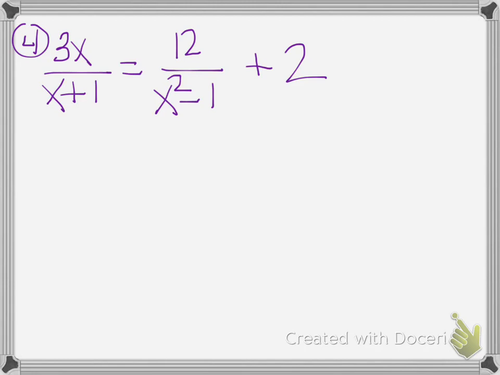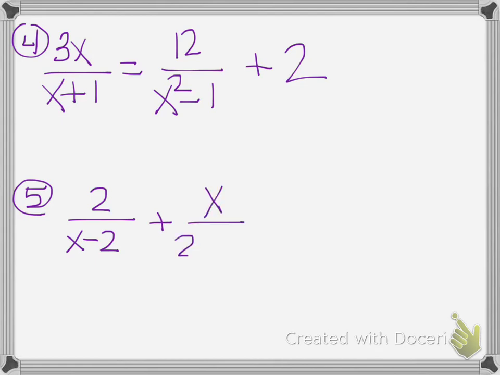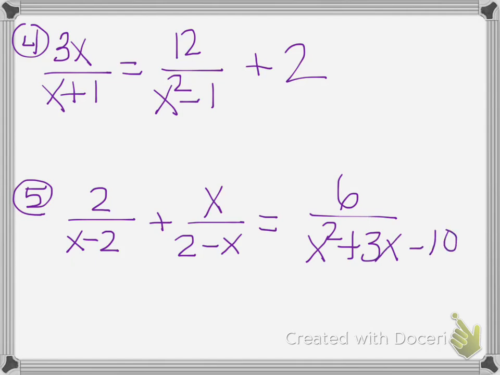All right, then we'll do number 5 right here. 2 over x minus 2 plus x over 2 minus x equals 6 over x squared plus 3x minus 10.